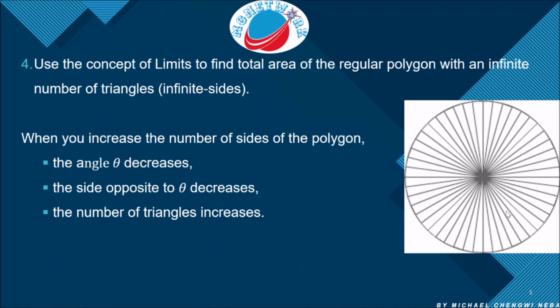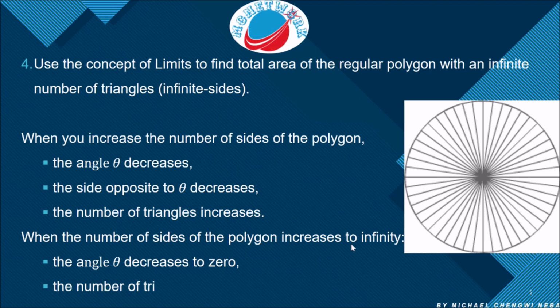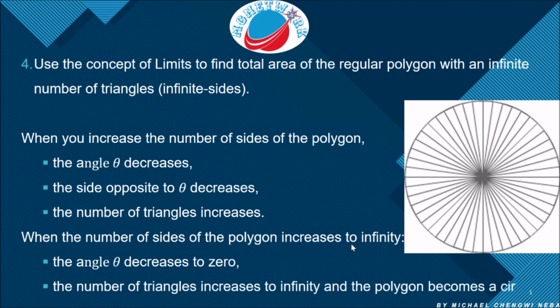The sides that are opposite to the angle also decrease, and these opposite sides are approaching the circumference of the circle itself. When you infinitely increase the number of triangles from that regular hexagon, the side opposite to theta will be turning towards the circumference of the circle, and the angle will be approaching zero.